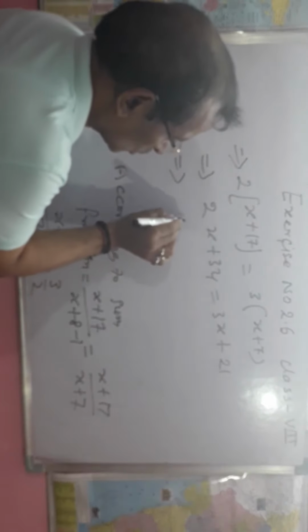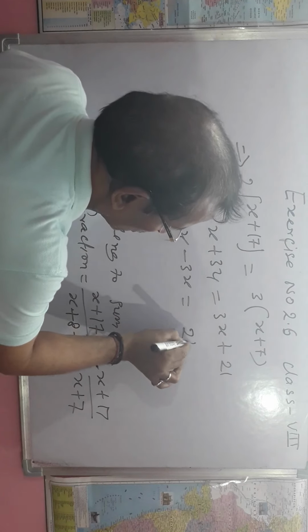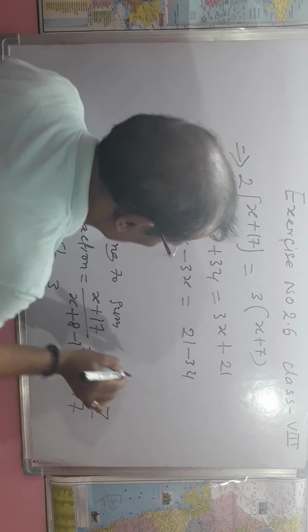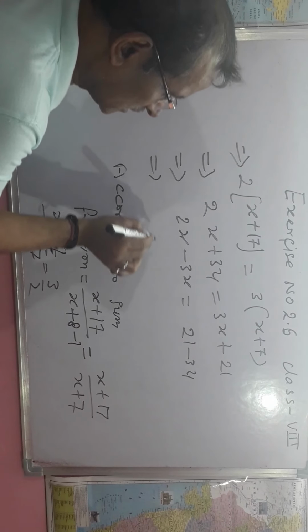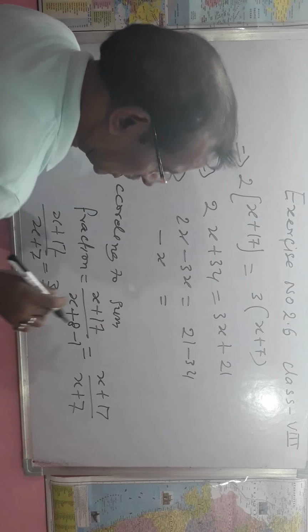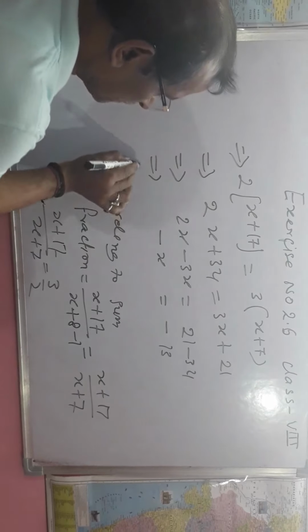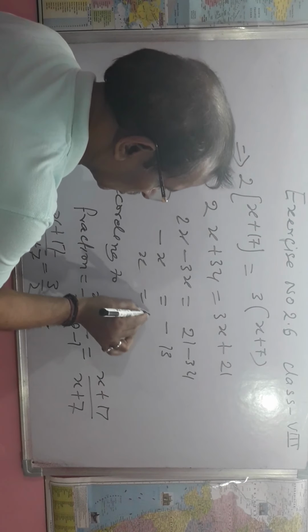Implies 2x minus 3x is equal to 21 minus 34. That is minus x is equal to minus 13. Implies x is equal to 13.